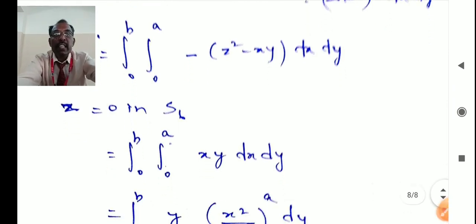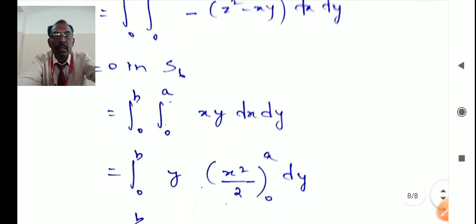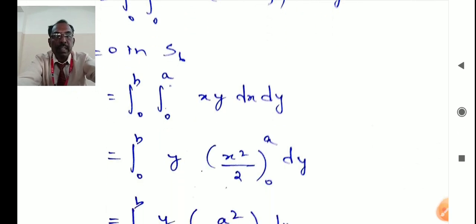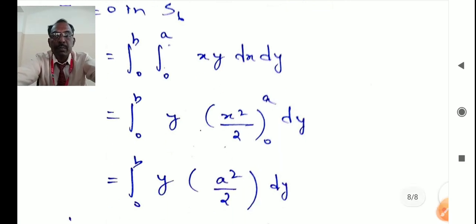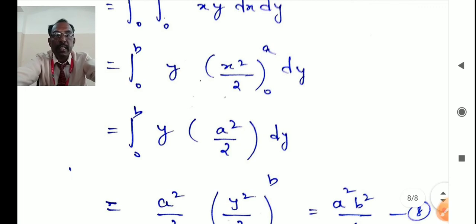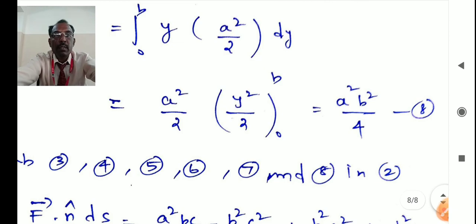We get integral 0 to b, 0 to a, xy dx dy. Integration of xy with respect to x, we get y into x²/2 because y is constant, limit 0 to a. Here put x equal to a, we get a²/2. So a²/2 is a constant. Integration of y with respect to y, we get y²/2. Now substitute y equal to b, we get a²b²/4, which is equation number 8.